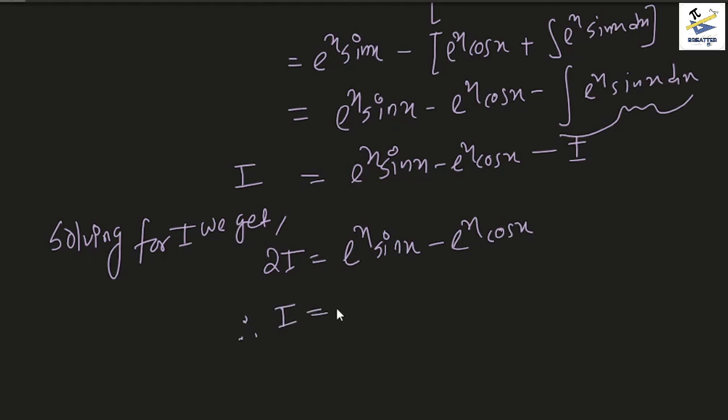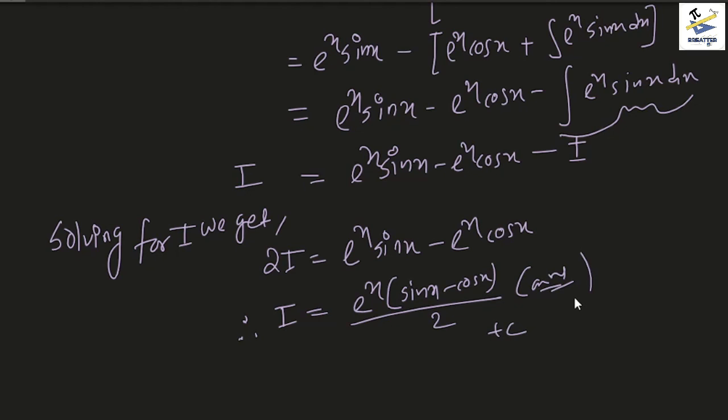Therefore I is equal to e to the power x, whole into sin x minus cos x, by 2, and obviously there is a plus c, which is the answer.